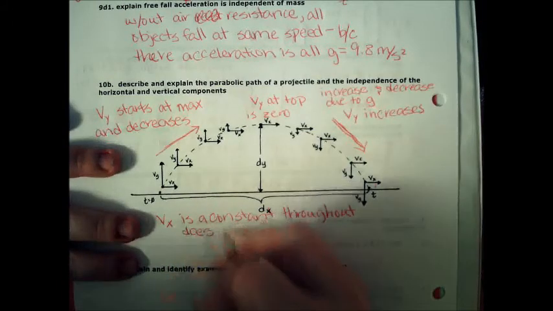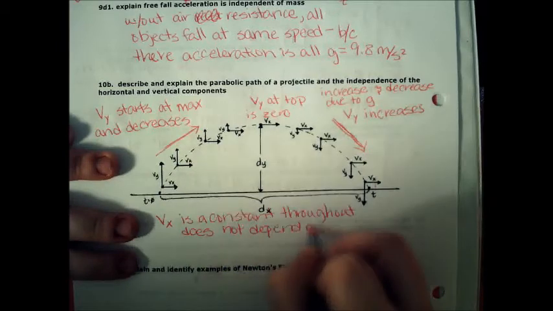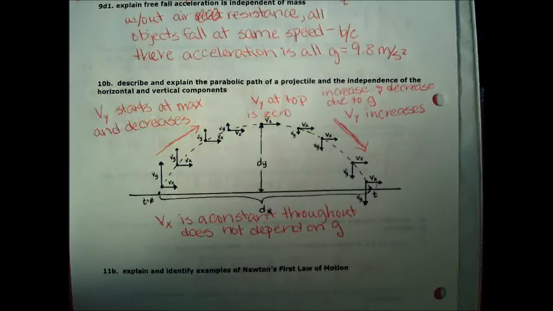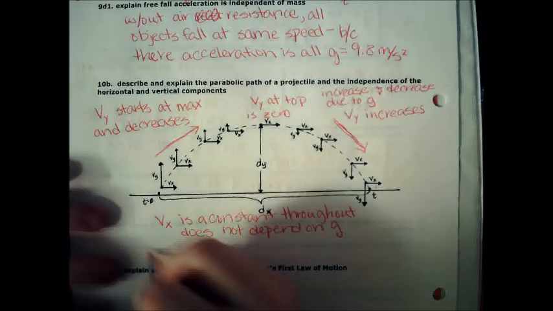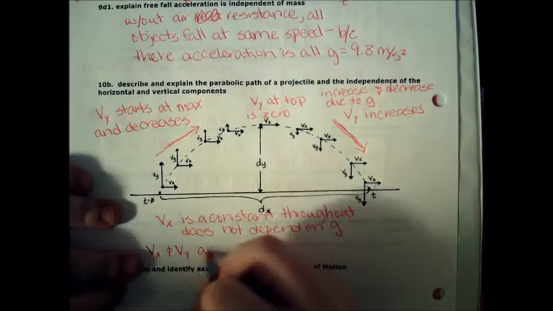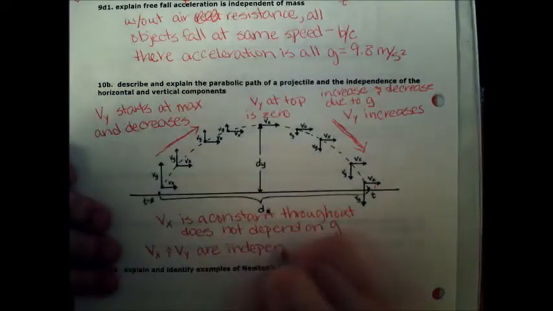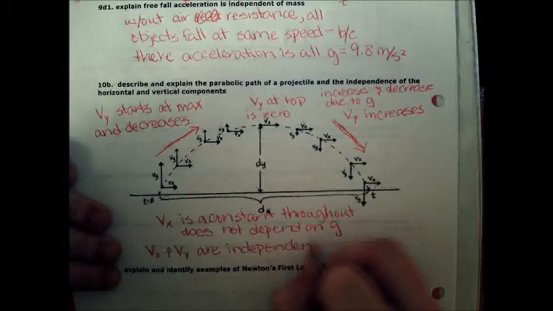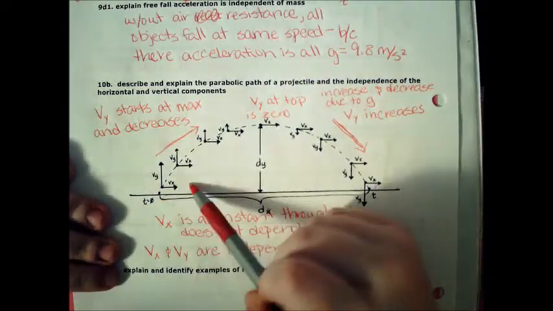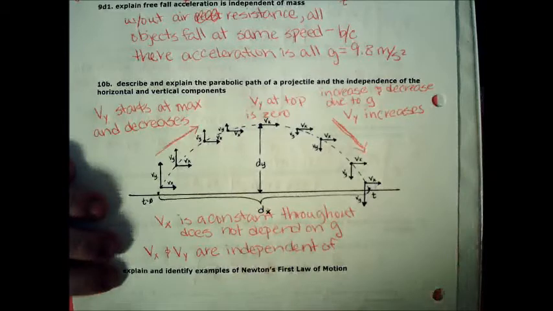It does not depend on g. Which means that Vx and Vy are independent of each other. It doesn't matter how hard you throw something in the horizontal direction, that's not going to change how it works in the vertical direction.